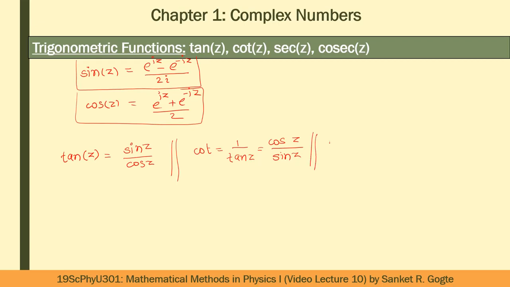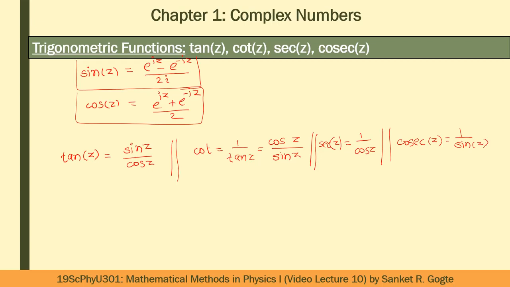Then sec z is equal to 1 by cos z, so it is the inverse of the function cos z. This is sec z, and cosec z is inverse of sin z.